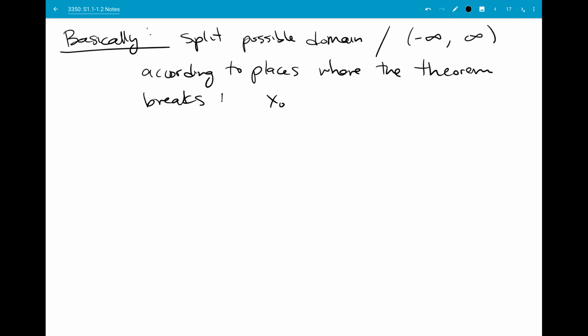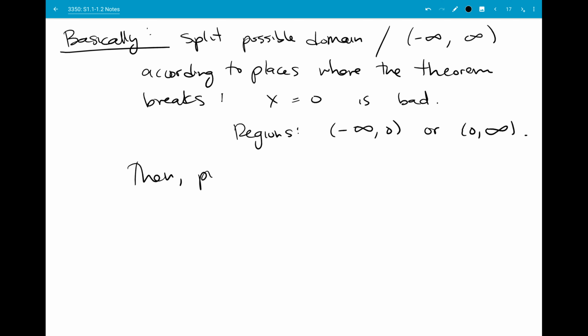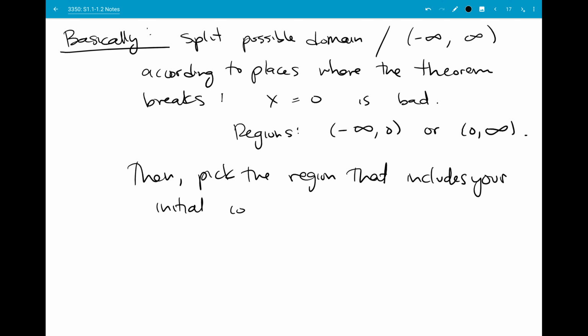For me, x equal to 0 is bad. Possible regions would be minus infinity to 0 or 0 to infinity. Then pick the region that includes your initial condition. So when I had x0 equals 3, I picked 0 to infinity because 3 is inside that interval.